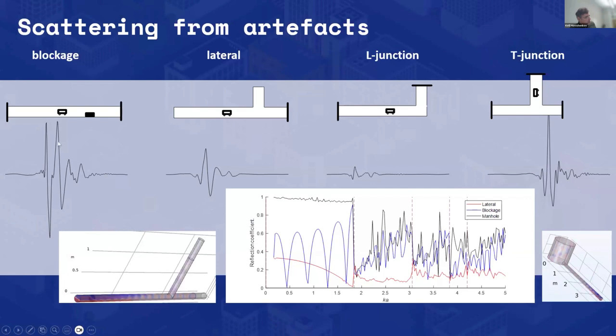You see these signatures are all different. The signature from a blockage looks different to the signature from a lateral connection. The signature from an elbow looks different to the signature from a lateral connection, and the signature from a robot in a lateral connection looks different to the previous two. We have computational models to account for that, which we developed as part of this project.